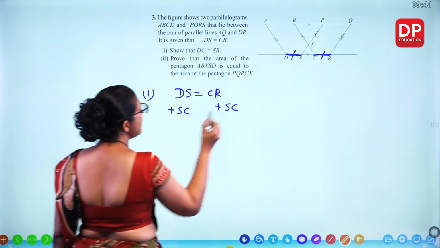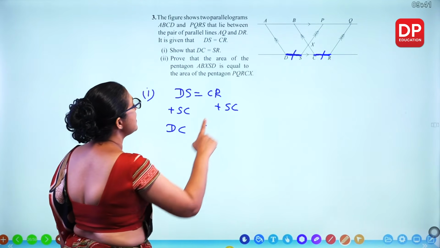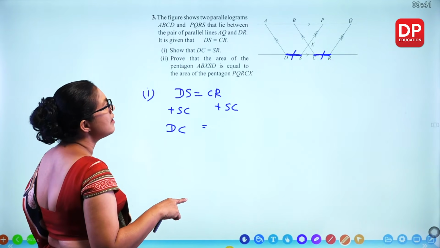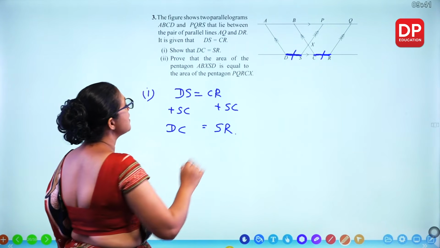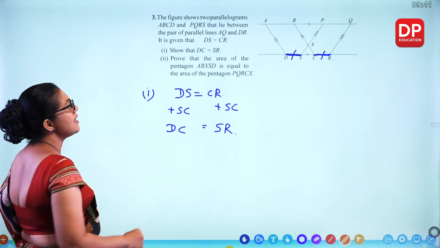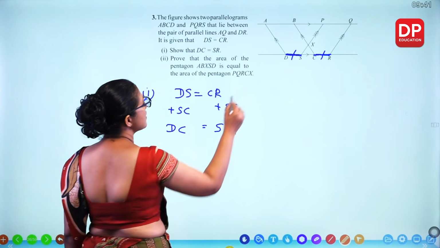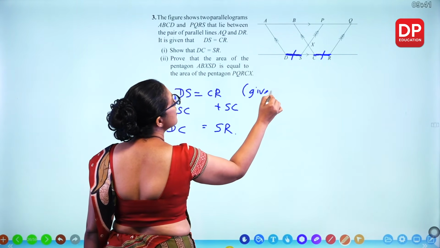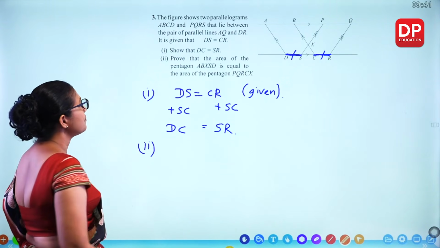DS plus SC becomes DC. SC plus CR becomes SR. So straight away we get DC equals SR. That's the first part. And this is given as well. Now we'll look at the second part.